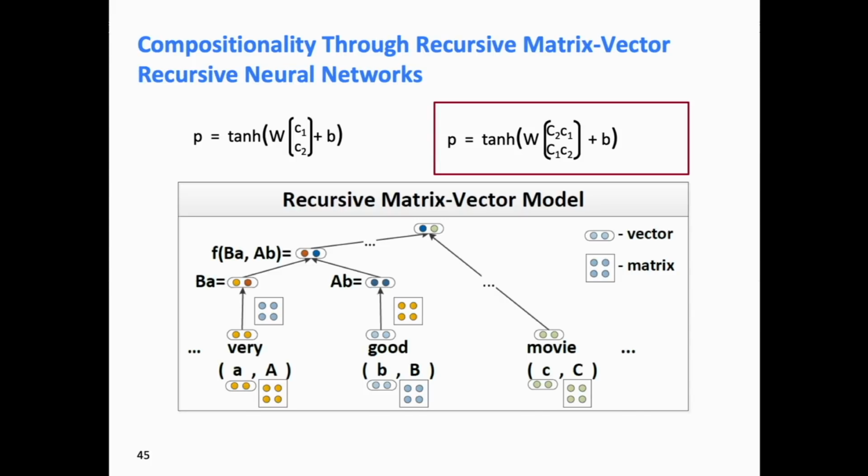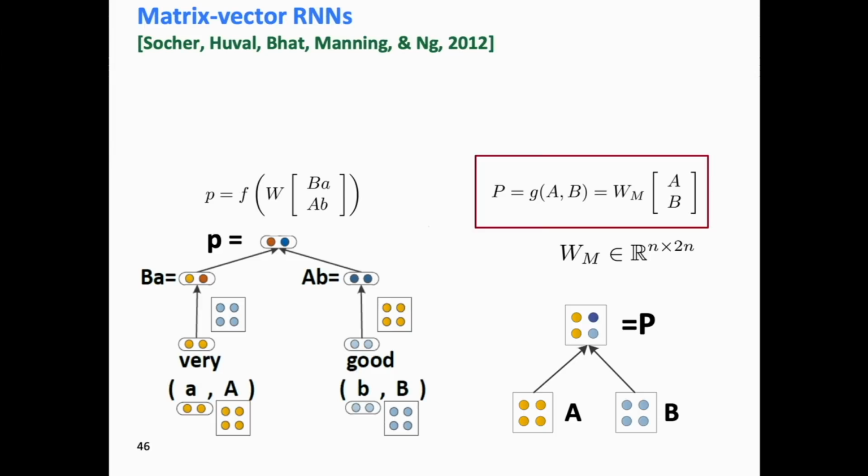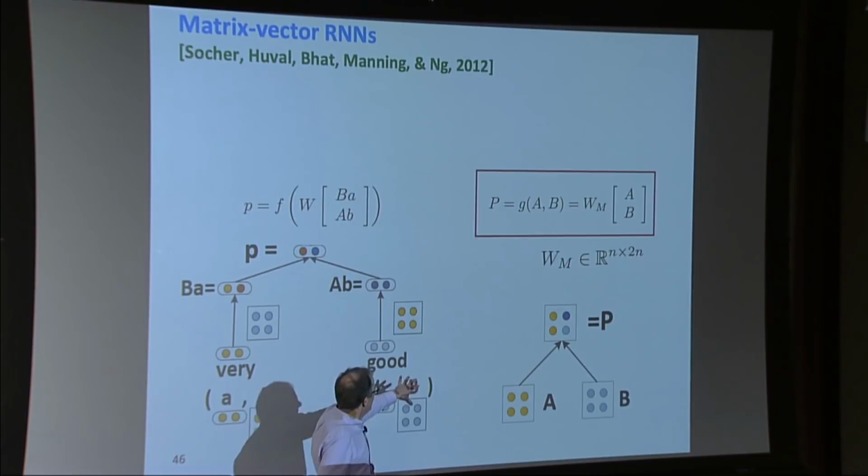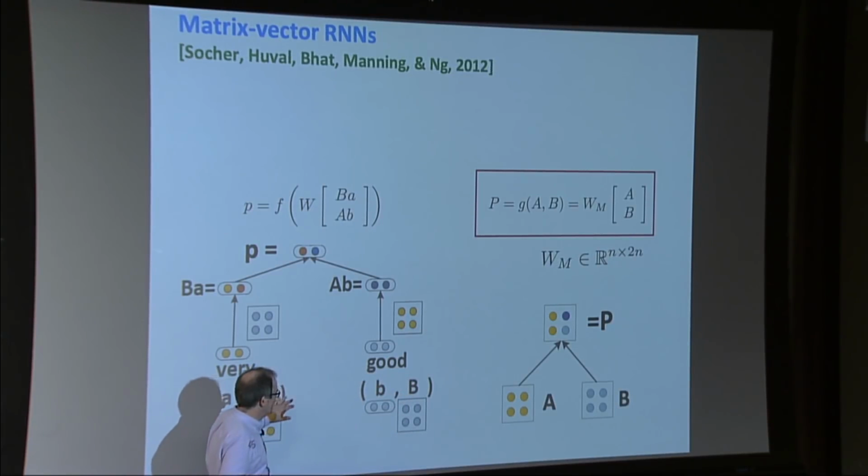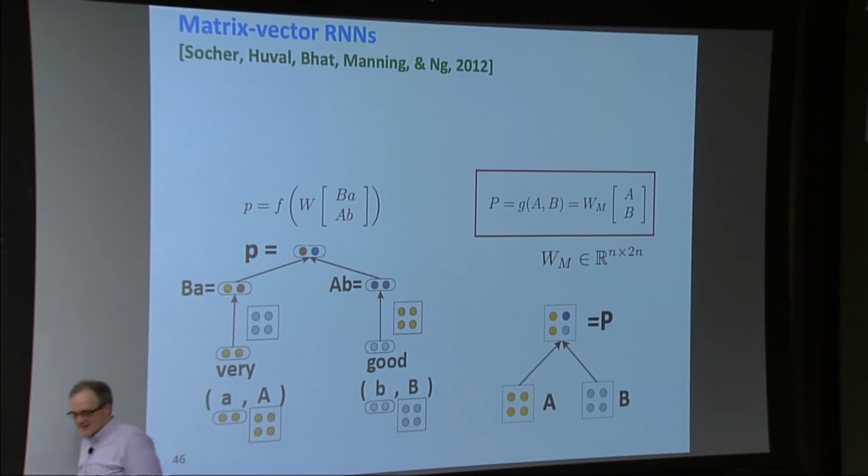And then we also needed a matrix meaning for the phrase. For the matrix meaning of the phrase, we used a simple model, which maybe actually wasn't very good: let's just concatenate the two matrices of the constituents and multiply them by another matrix, and that gives us a matrix version of the parent node.